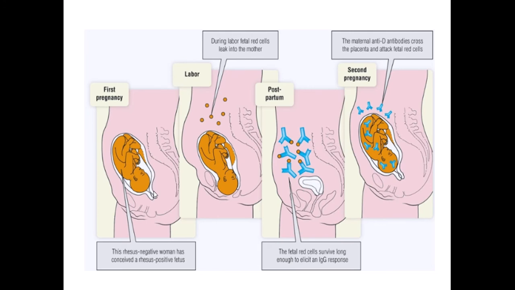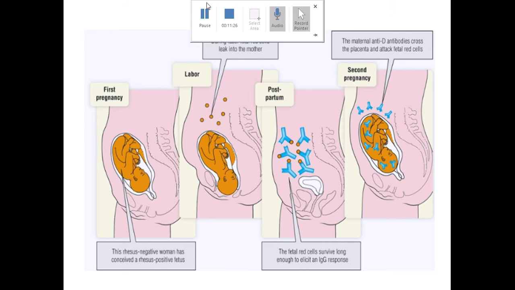Remember that when a mother, who is Rh negative, carries an Rh positive baby and gets sensitized the first time, the second time when she gets pregnant, antibodies go into the baby and cause destruction to the baby's red blood cells. Hemolytic disease of the newborn. Rh positive baby, and the mother is Rh negative.